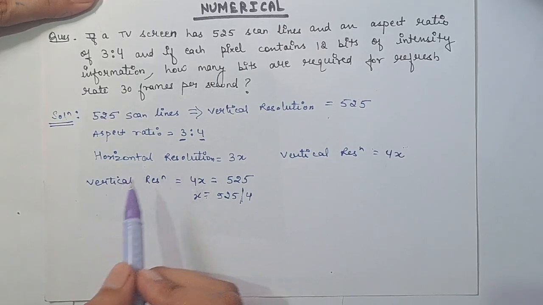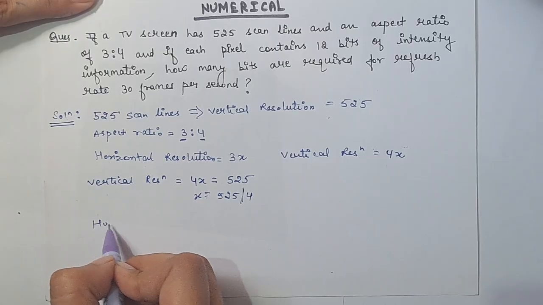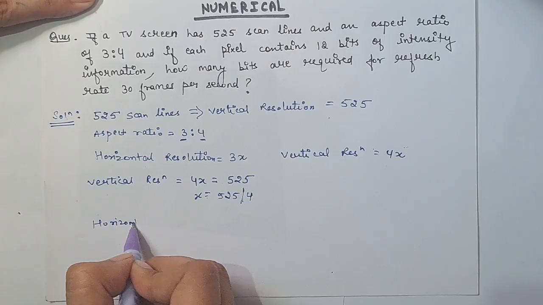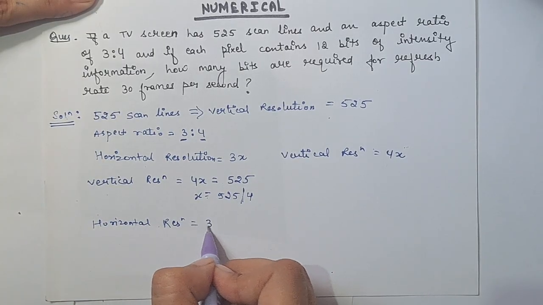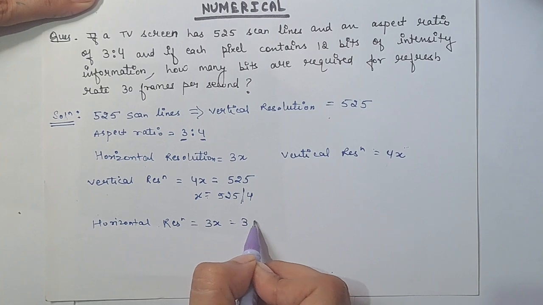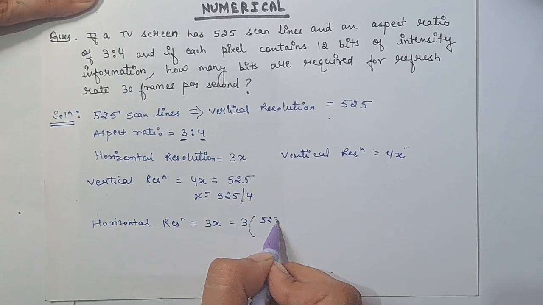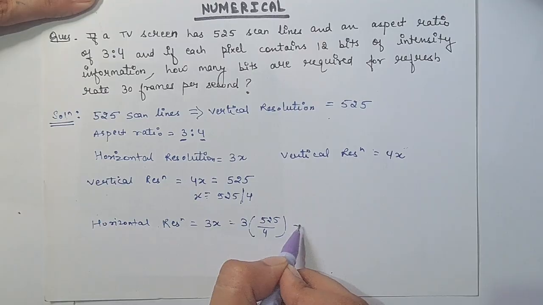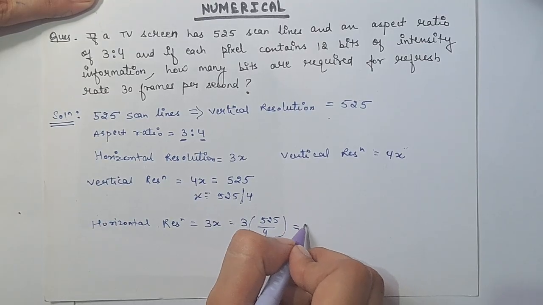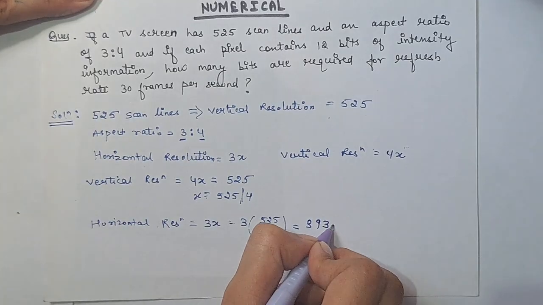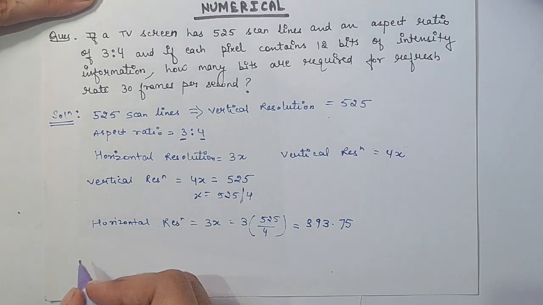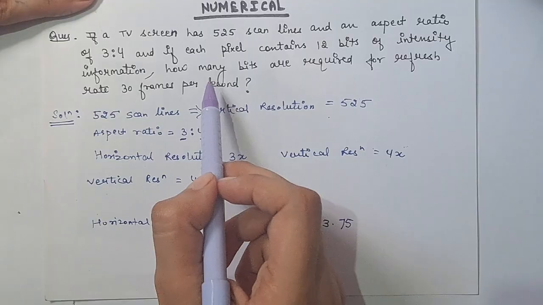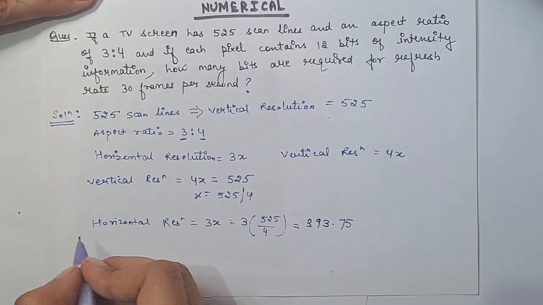So we have obtained the value of x, so we can find the horizontal resolution. The horizontal resolution would be 3x, which is nothing but 3 into 525 by 4, which would be approximately 393.75. Now what we have to find is the total bits.